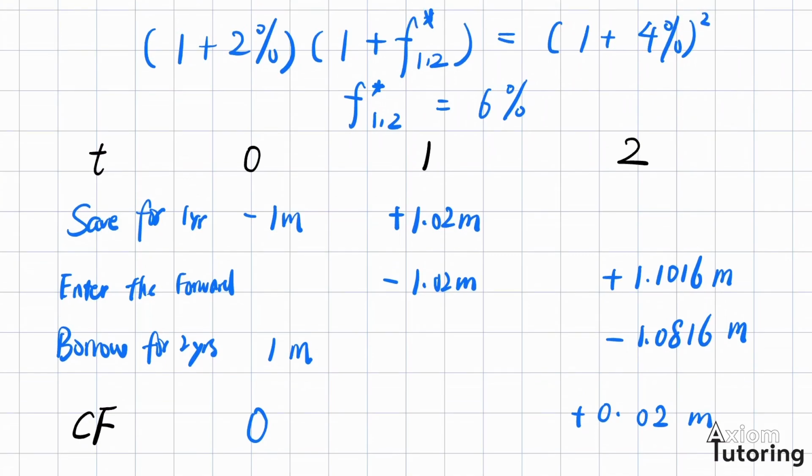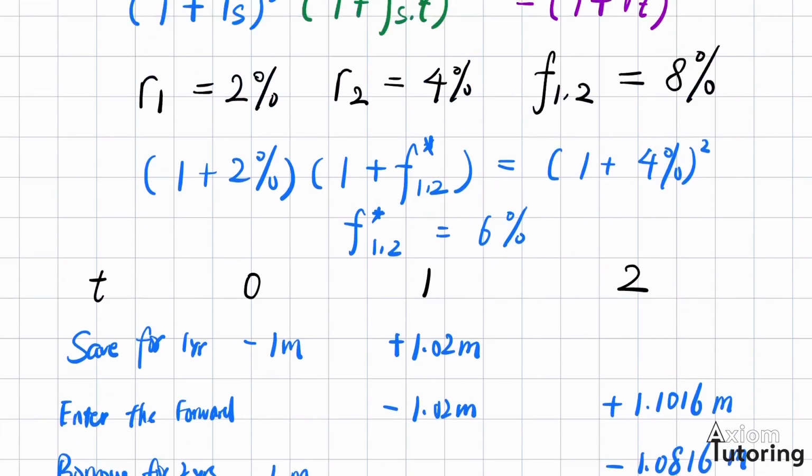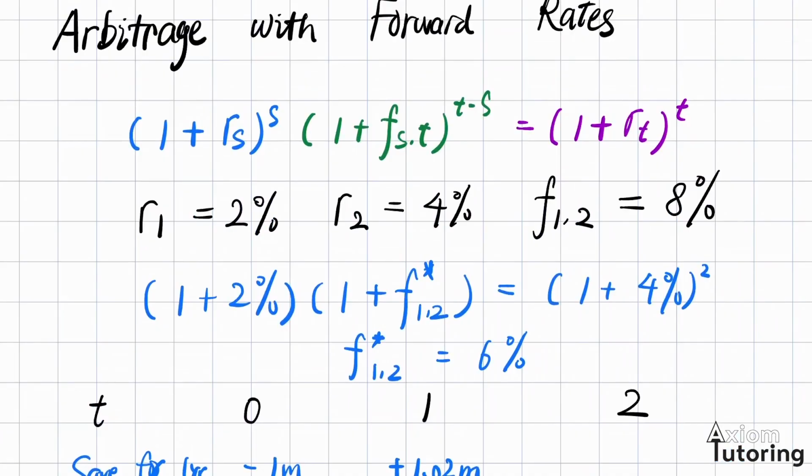In your free time, you can change these numbers a little. What if the forward rate is not 8%, but something less than 6%? If the forward rate is too cheap, let's say 4% or 3%, how should we construct a new arbitrage portfolio?